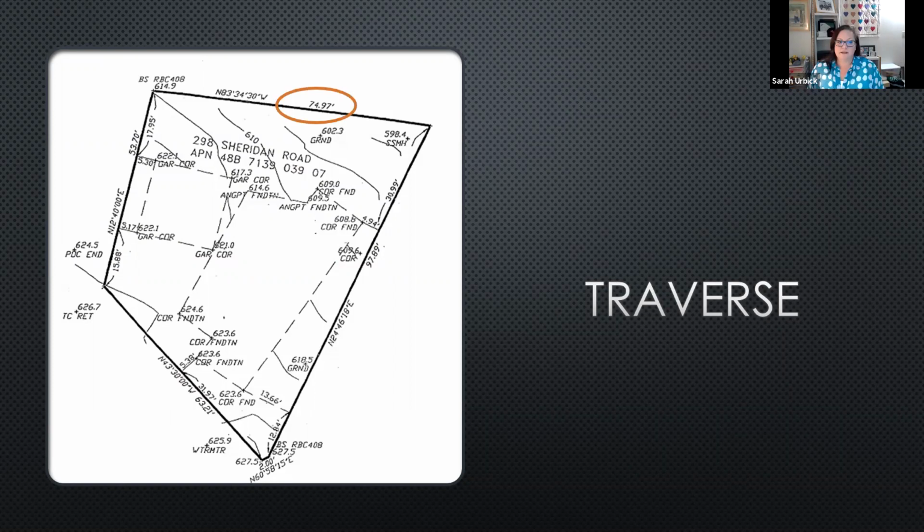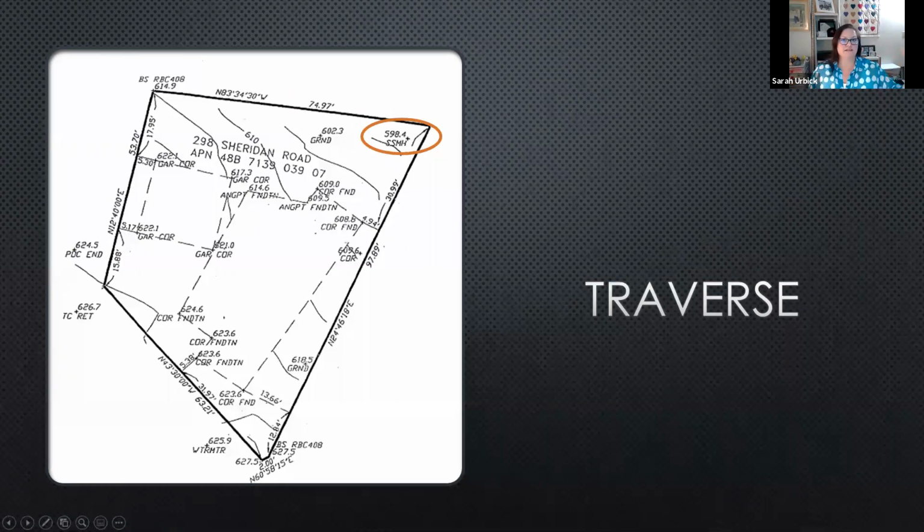Is it a vertical distance, a horizontal distance, or a slope distance? Other information we get from this, we'll circle back. Keep that in mind. What are we talking about with that distance?